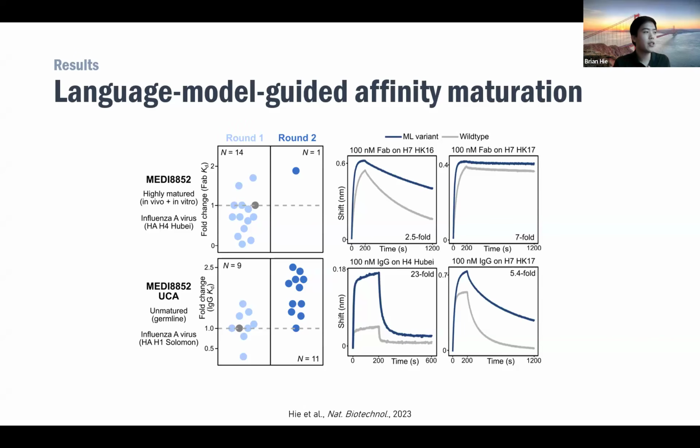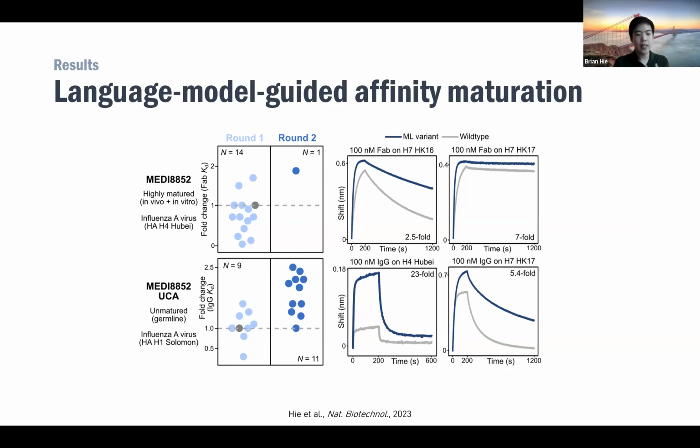And we compare those to the binding affinity of the wild type variant, which is this gray dot. And to our surprise, we actually found that 2 of these variants actually improved affinity to hemagglutinin. And this was surprising because this language model had no idea that this antibody bound to anything, really, let alone to influenza hemagglutinin. And this language model is just trained on general proteins.